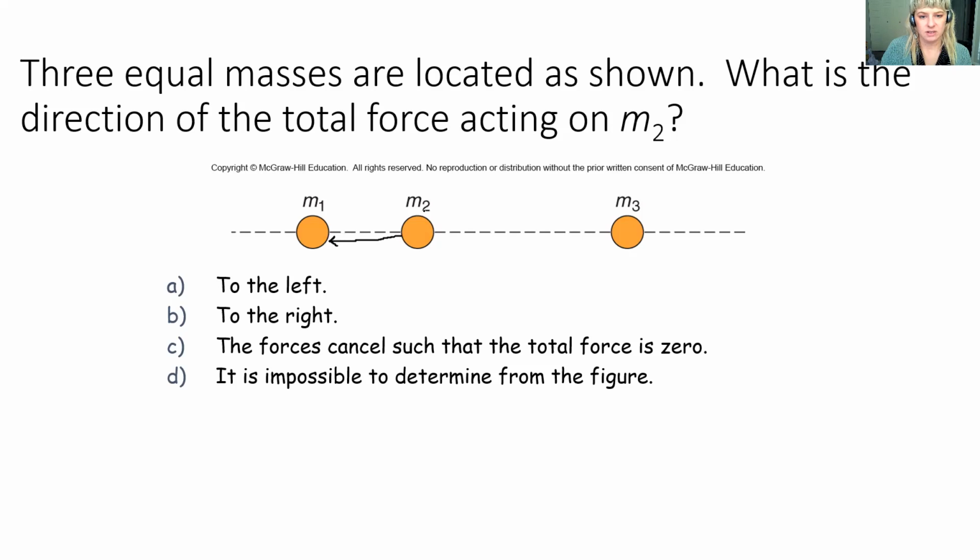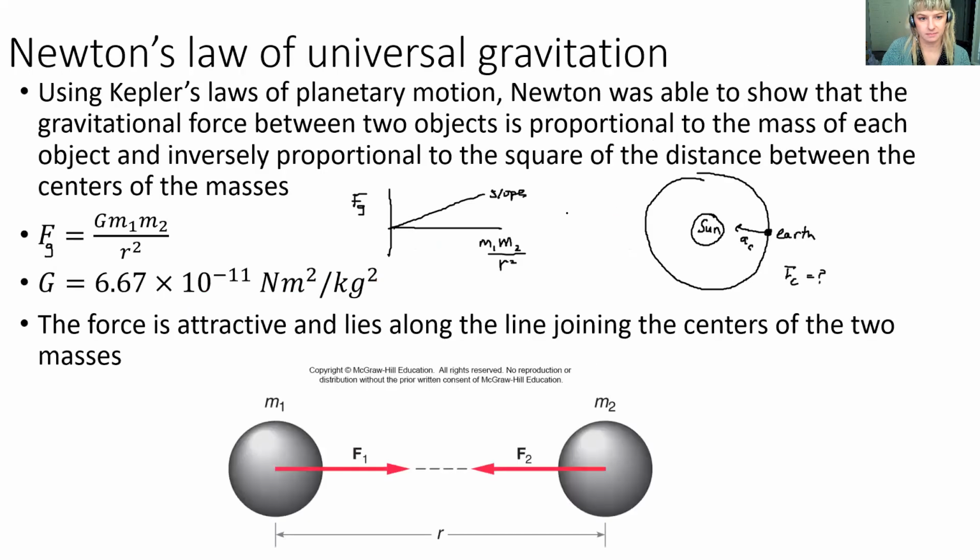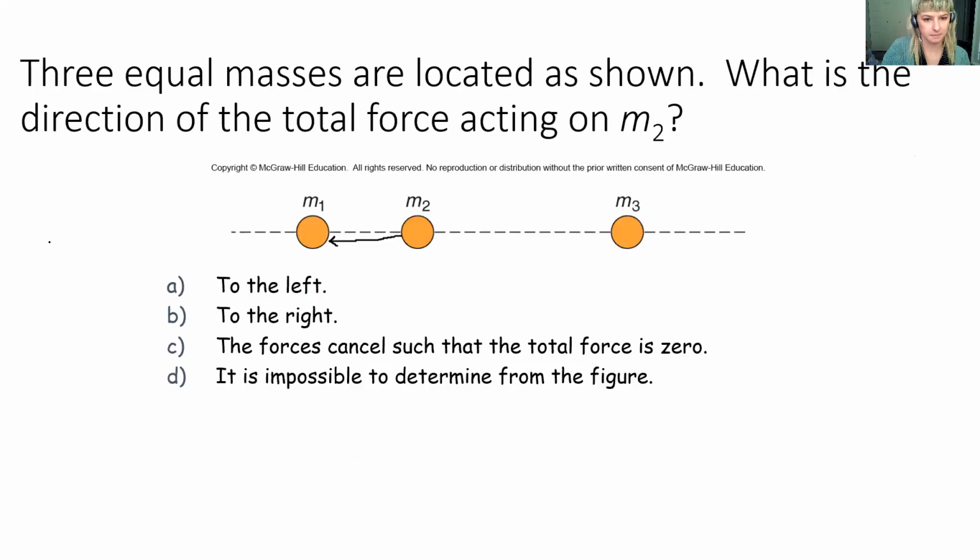Now, if I look at the gravitational force between M2 and M3, they're further away from each other. So R becomes larger. That means the gravitational force becomes smaller. And it's, again, pulling that way because it's an attractive force. M2 is going to be attracted to M3. So if I add up these two forces, one to the left and one to the right, the total net force is going to be to the left.